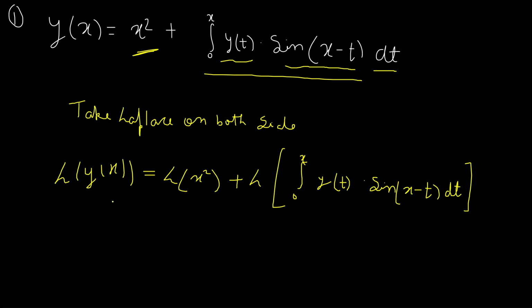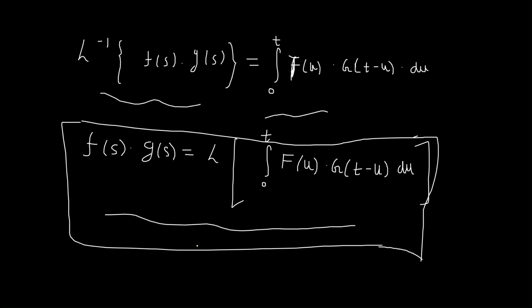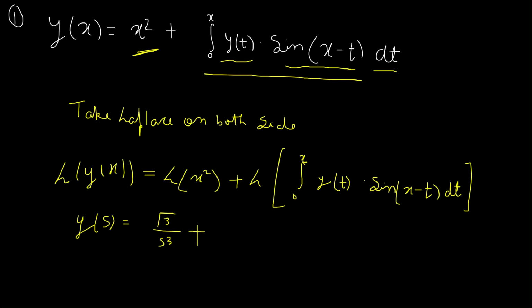So from here we can say this will be y of s, converting a function from the time domain into the frequency domain. For x square, you can treat it as the t to the power n formula, so this will be gamma of n plus 1, that is gamma 3, upon s to the power n plus 1, which will be 2 upon s cube. Next is the main integral. Using this relation, let us consider this our f, so it will be y of s.